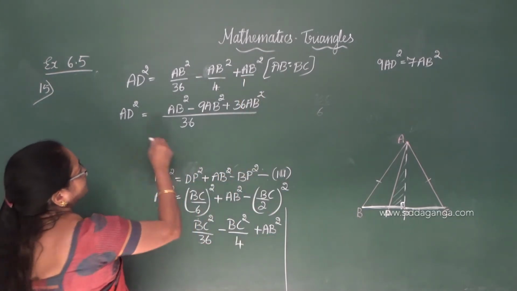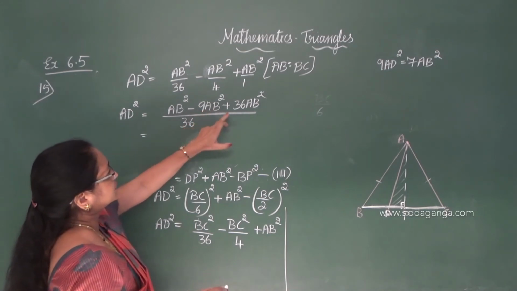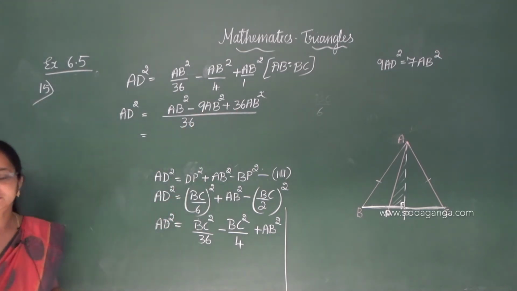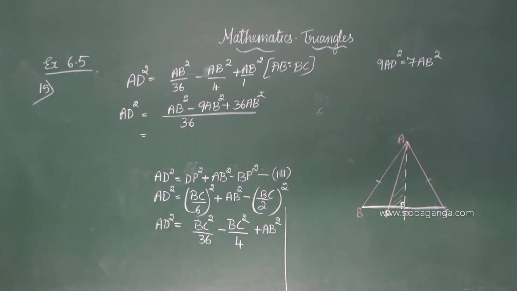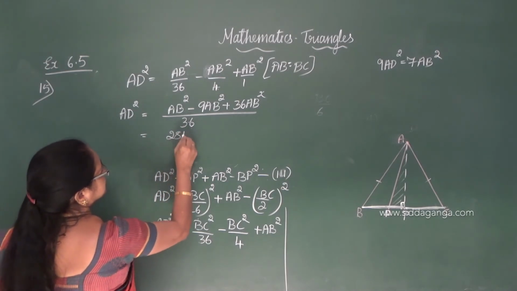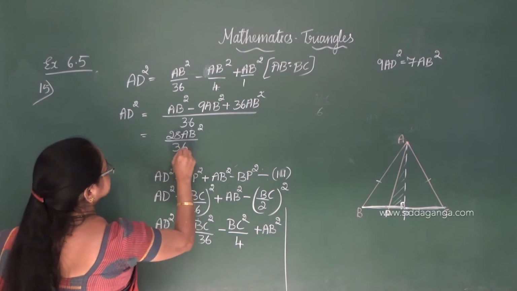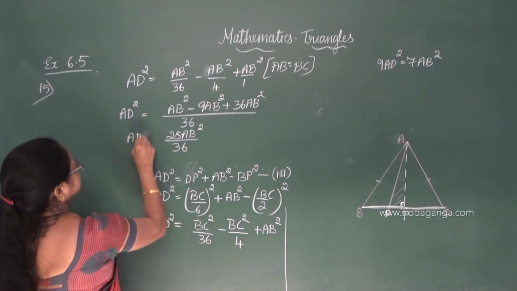Okay. Now let us see. Here minus 8 plus 36. So, it is 28 AB square by 36 for AD square.